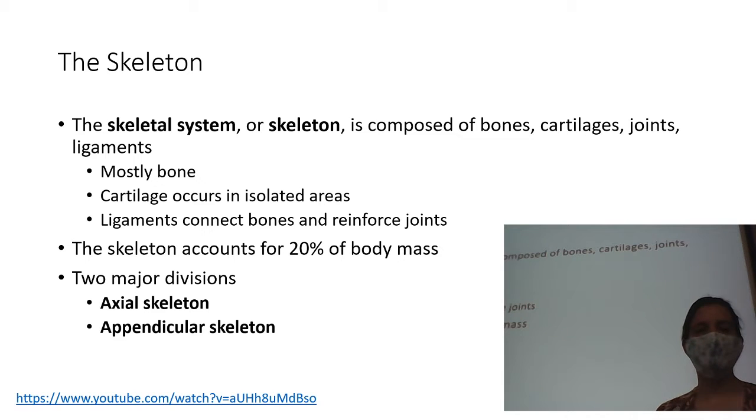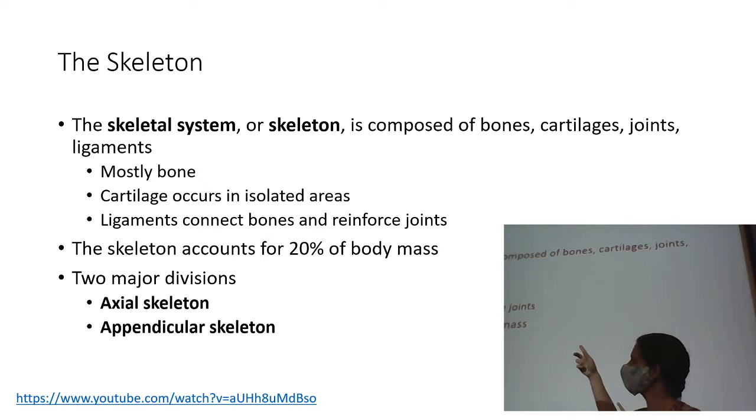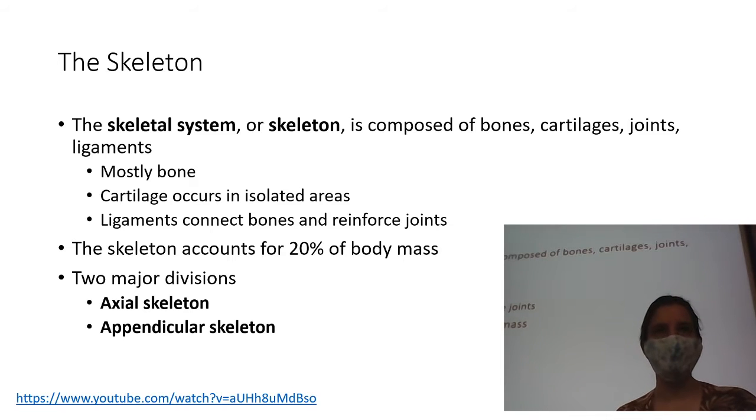It's mostly bone, a little bit of cartilage. Ligaments are going to be connecting bones and reinforcing joints. There's a whole chapter in your book on joints, really important. We'll see that next semester for A and P2, because we have to get through some stuff.